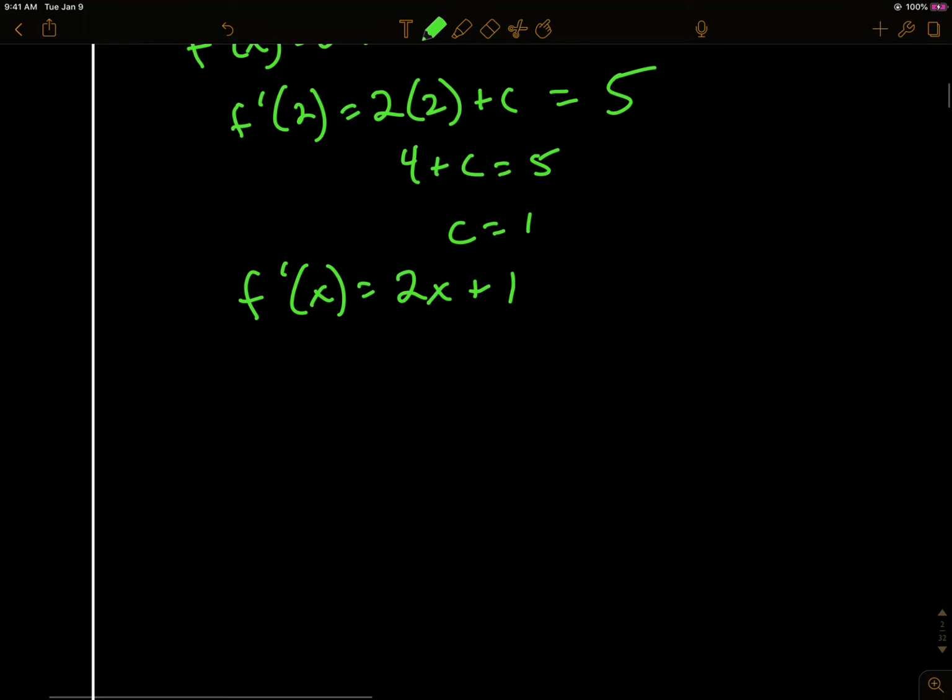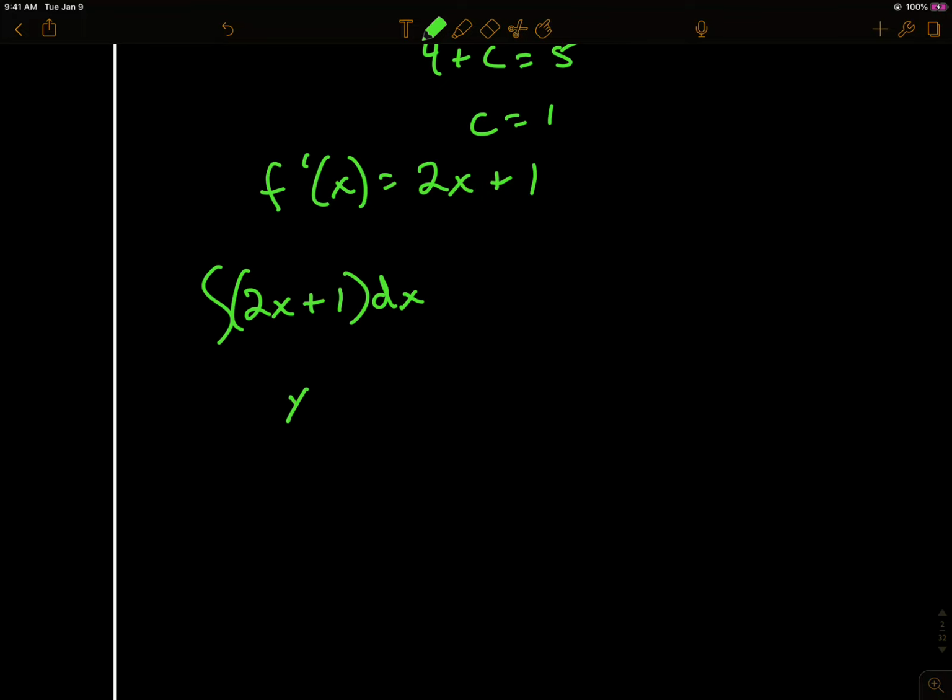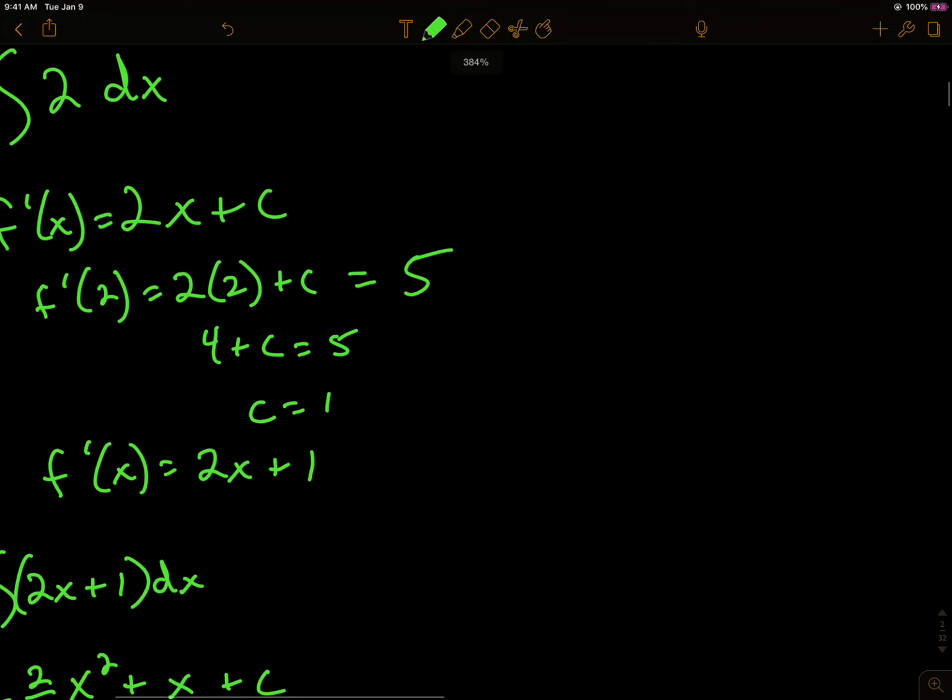Now I can find f by integrating that with respect to x. So I do power rule on that guy. I get x squared, and then it's 2 divided by the new power 2 plus x. And that's going to be f of x plus our constant of integration. Now they give us conditions for f.